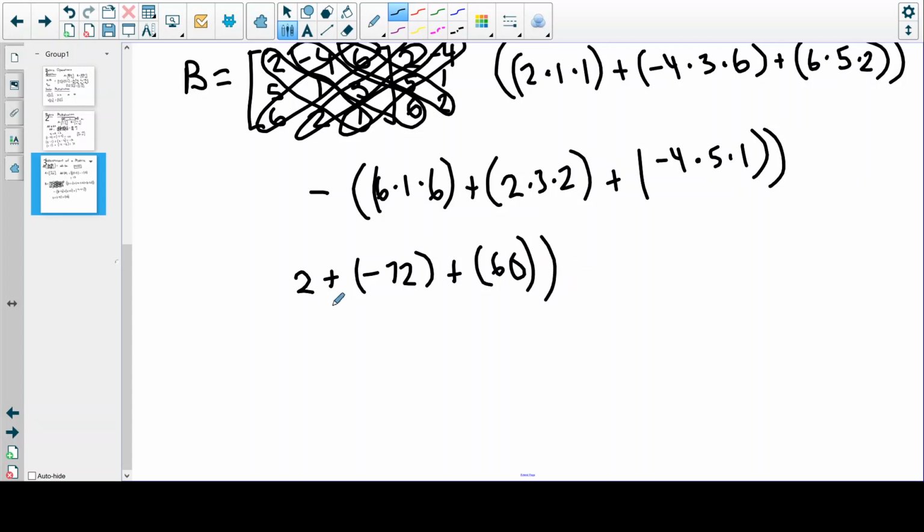Then this is all subtracted by the next set, which is going to be 36 plus 12 plus -20.